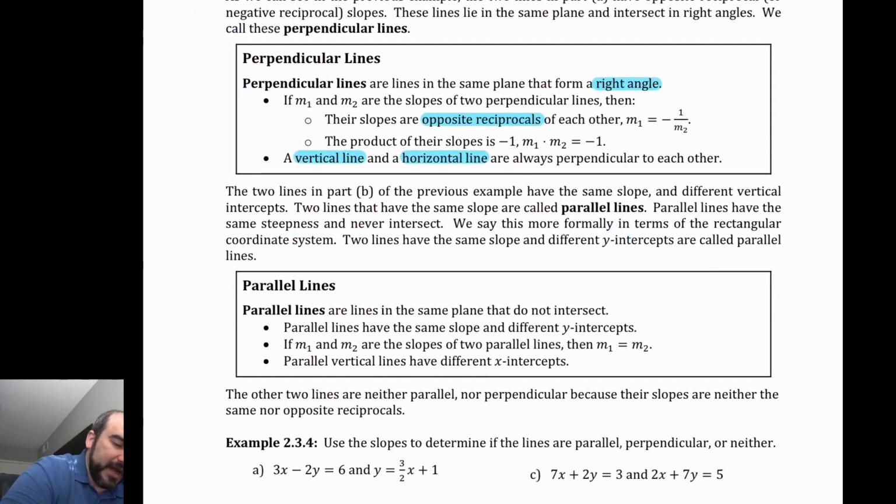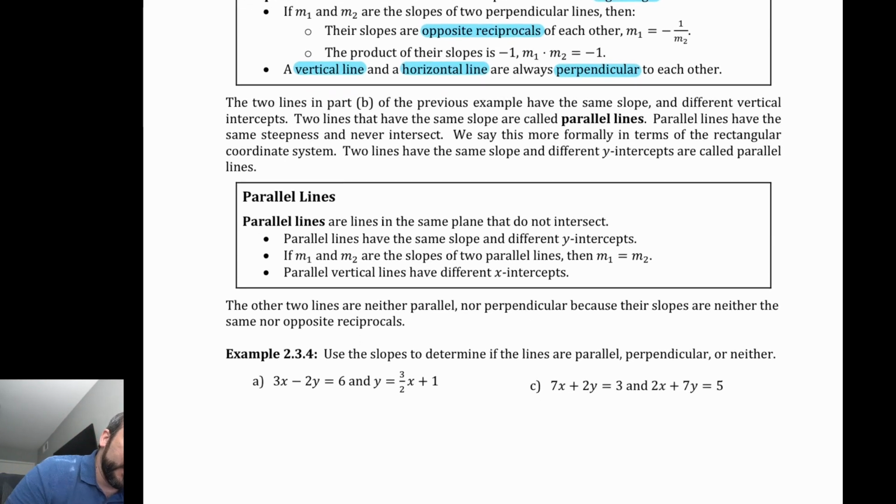But we do want to add that a vertical and a horizontal line will always be perpendicular as well. That's kind of like an edge case where we can't really talk about perpendicular in terms of slopes, but instead we just talk about a vertical and a horizontal are always perpendicular, just because of the definition of what vertical and horizontal are. Right, so that's perpendicular lines.